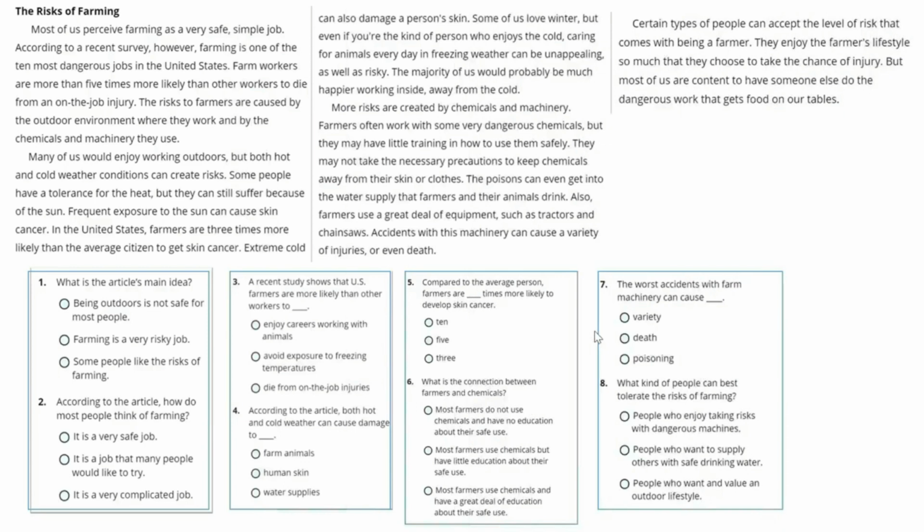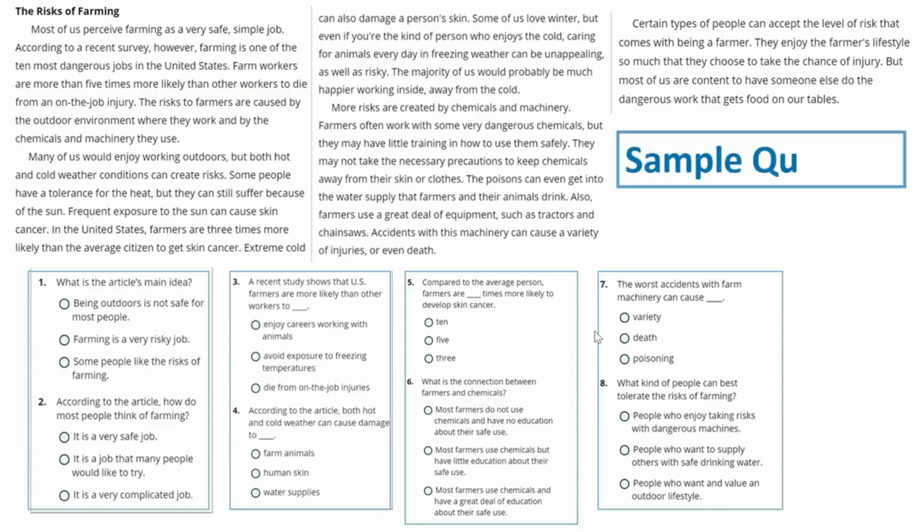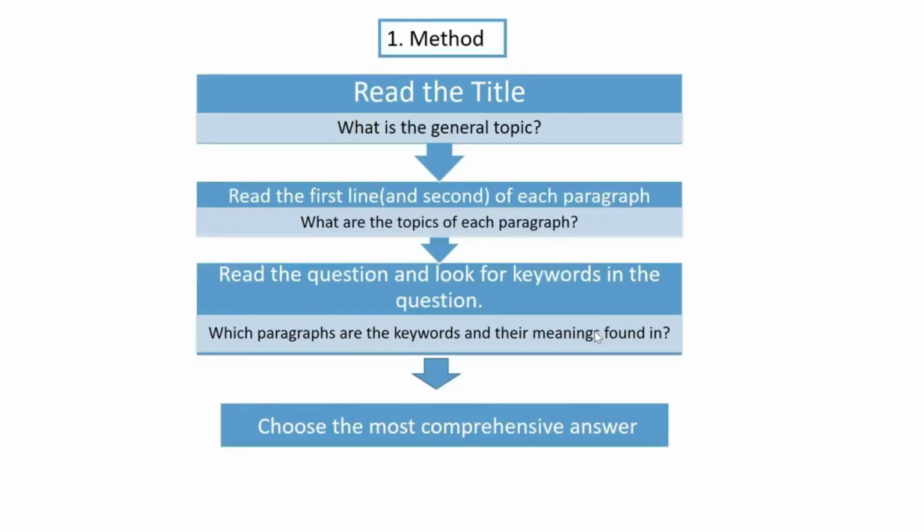So, today we will be dealing with this article which has 5 different paragraphs and also 8 questions. We will focus on a sample question, and that will be question number 3. So, let's look at method 1.